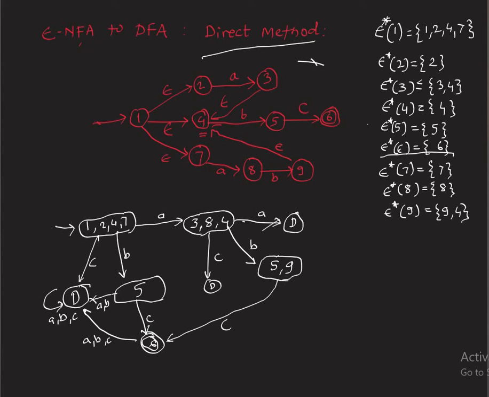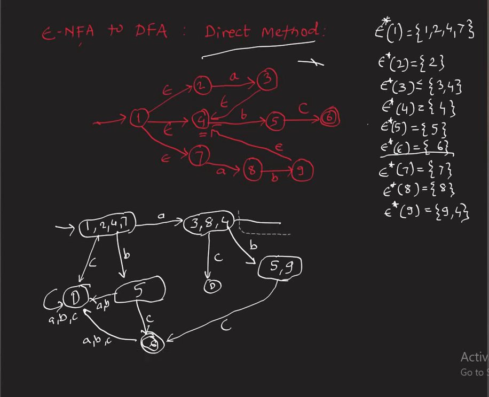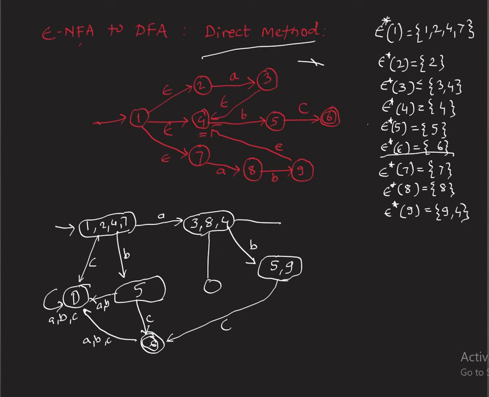So basically 6 would be our final state, and if we remove all these dead states, then the diagram would be like this. So basically this is our final DFA, which would contain only 5 states and one final state.